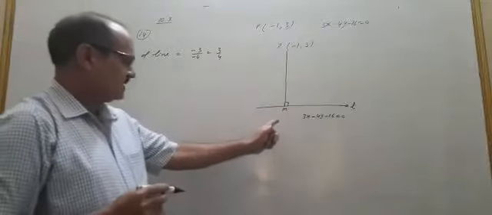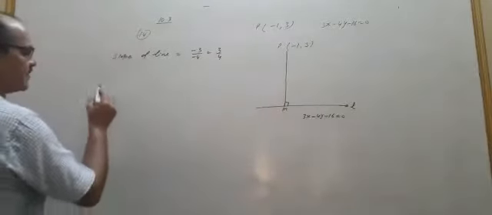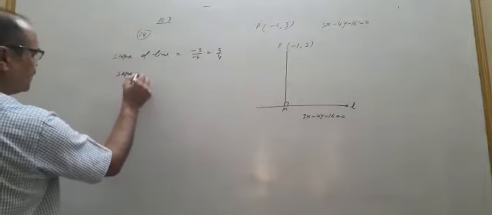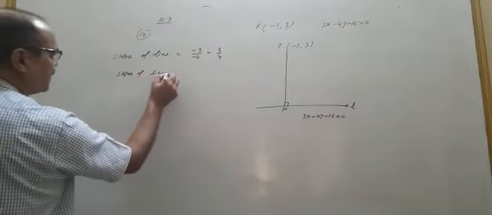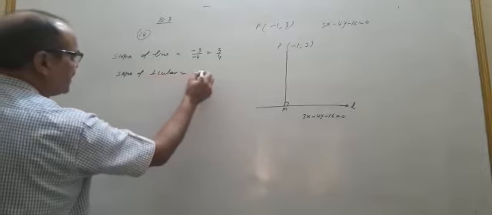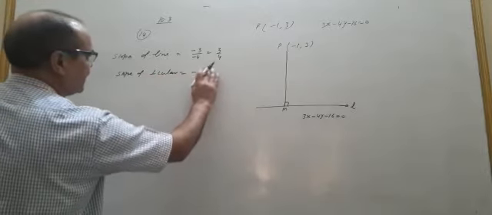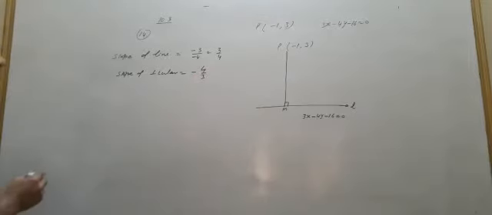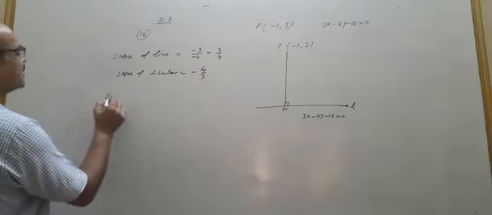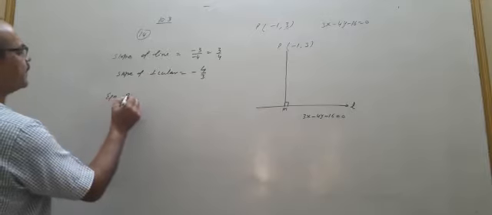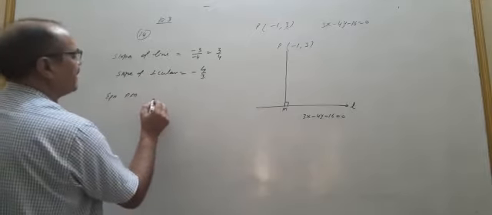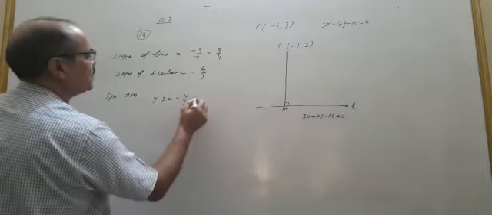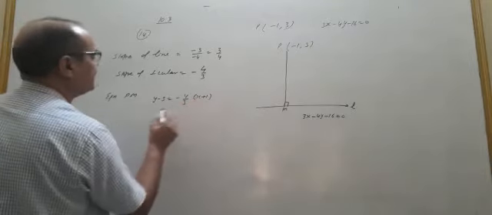Now the PM is perpendicular to this, so therefore slope of perpendicular line is equal to minus 4 by 3 by applying the formula m1 m2 is equal to minus 1. Then equation of PM, the line passing through the point P, that is y minus y1 is equal to m times x minus x1.